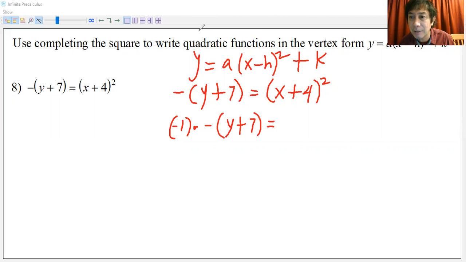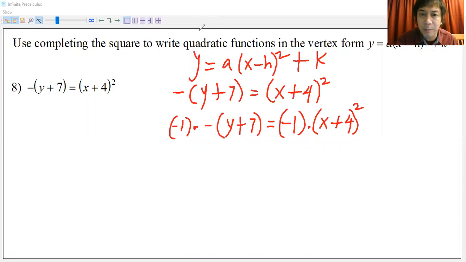Now, if you do that at the left, you will have to do it at the right. So that means negative 1 times x plus 4 squared. Let us simplify now the left side. Negative 1 times that negative will become positive y plus 7. And we have the right side negative x plus 4 squared.